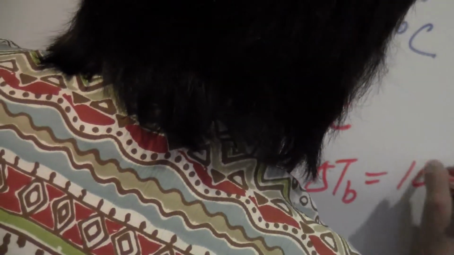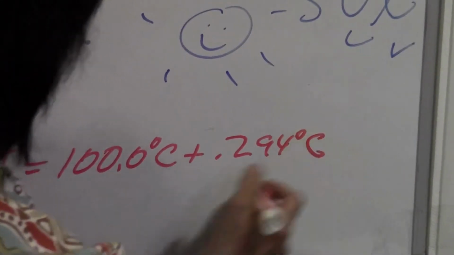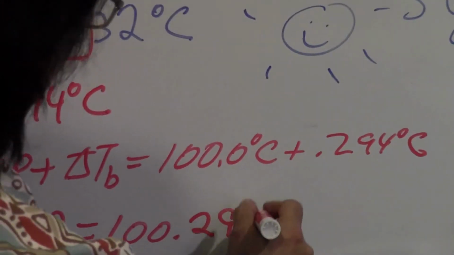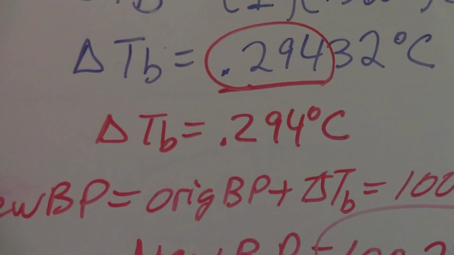So our original boiling point of water, 100 degrees centigrade, plus 0.294 degrees centigrade. So our new boiling point will be 100.294 degrees centigrade. Do we like that value?